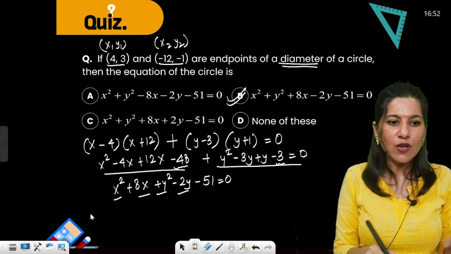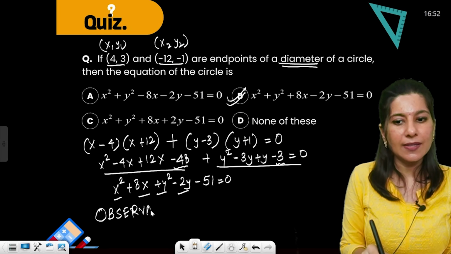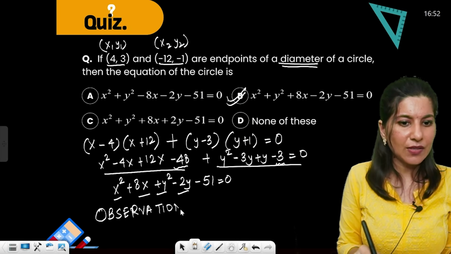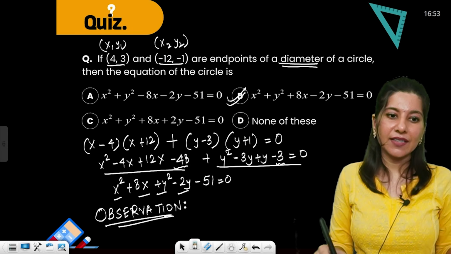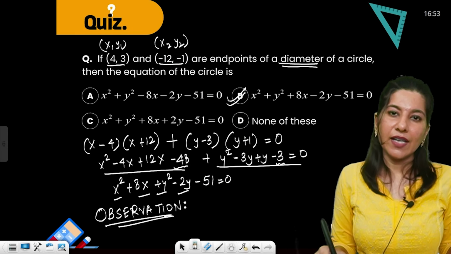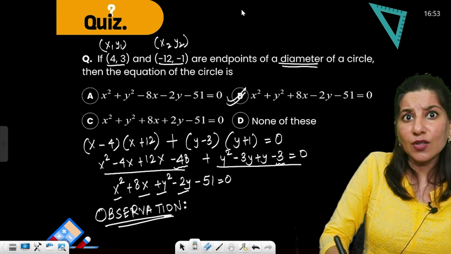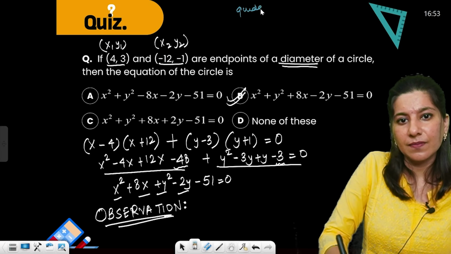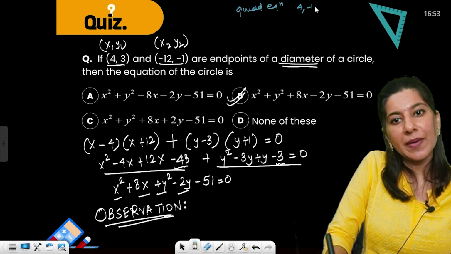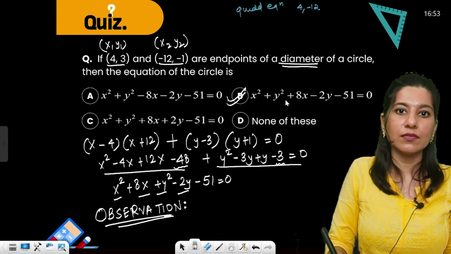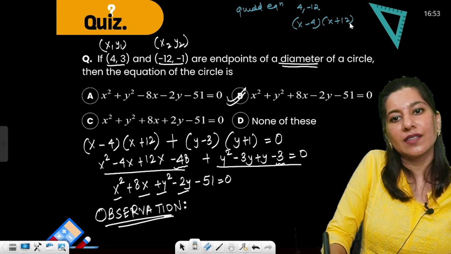Okay. One observation, I just want you to notice. This is a simple observation. If I just ask you to write a quadratic equation whose roots are 4 and minus 12, how will you write it? Very easy: (x minus 4)(x plus 12).